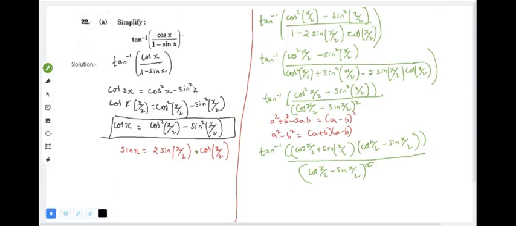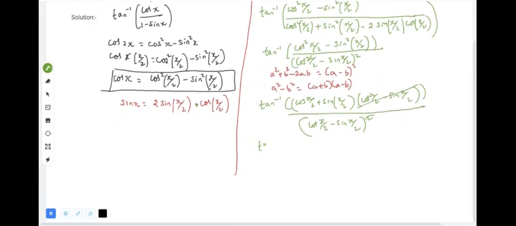So here the square and this get cancelled. So we get tan inverse of cos x by 2 plus sin x by 2 divided by cos x by 2 minus sin x by 2.